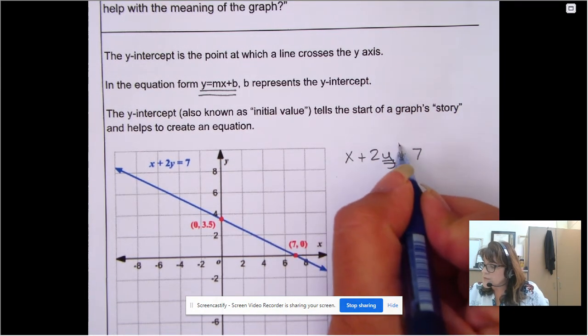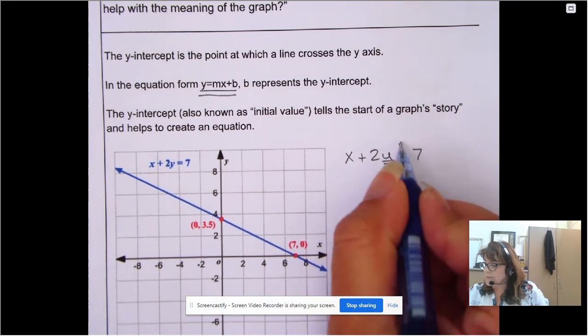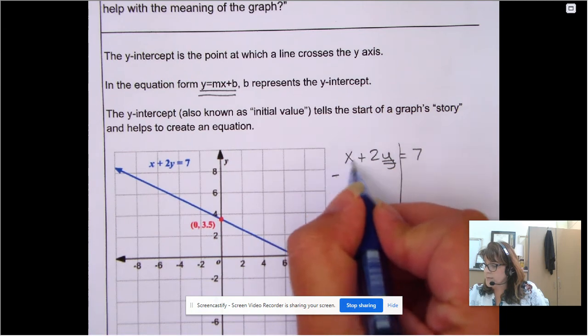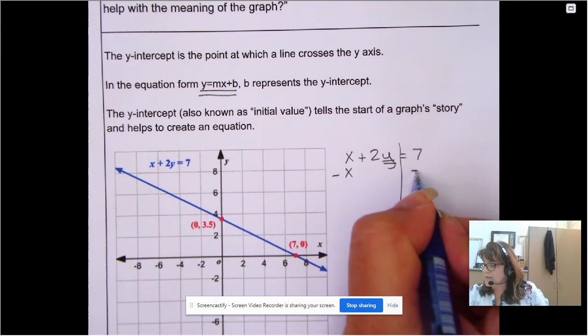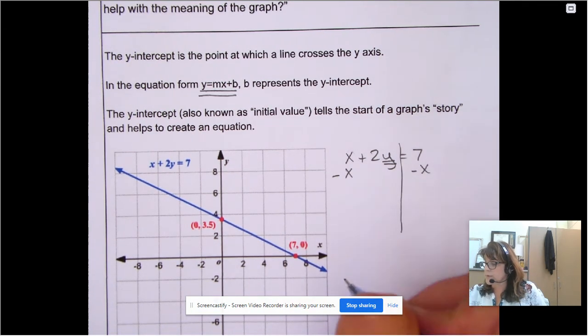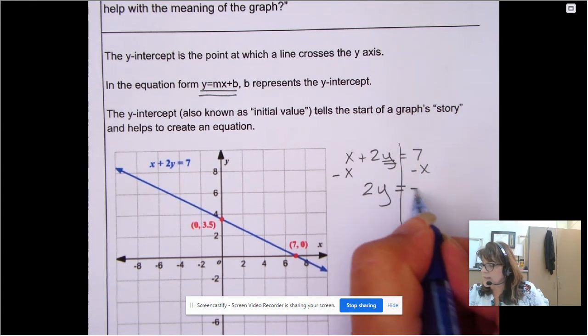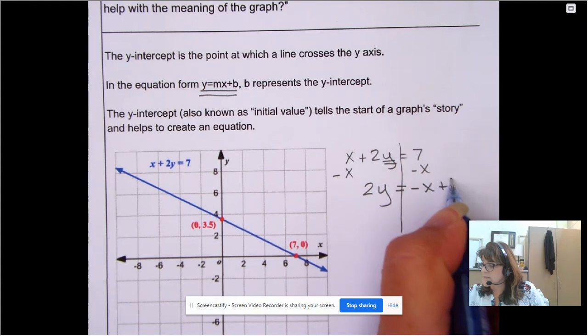So the rules of solving an equation remain the same. I want to get x away. So instead of a positive x, negative x on both sides. Now I have 2y equals negative x plus 7.